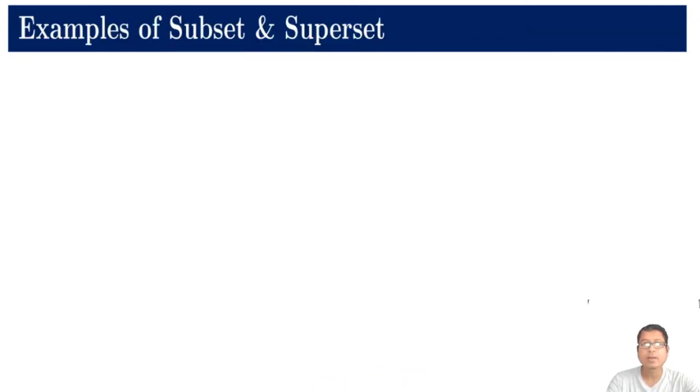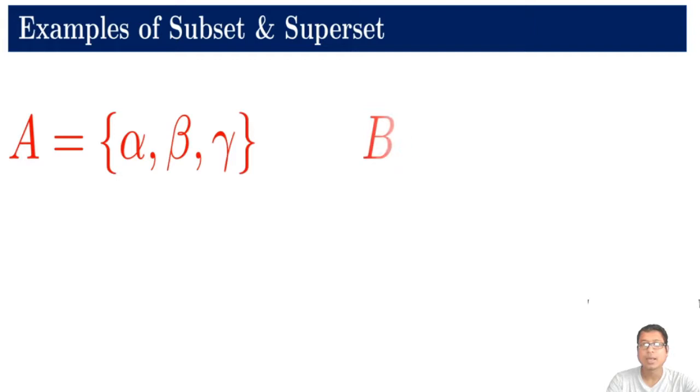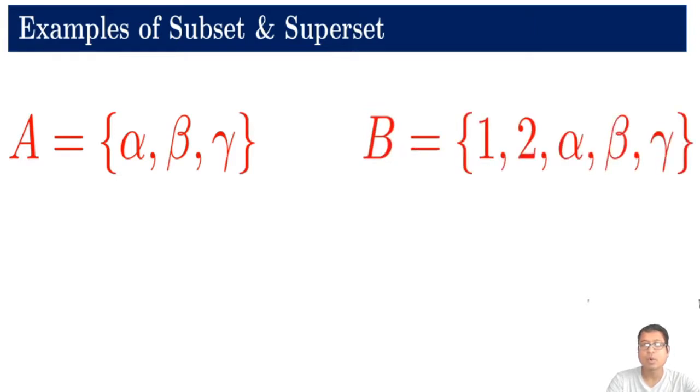Okay, let me consider one example. Suppose A consists of alpha, beta, gamma, and B consists of 1, 2, alpha, beta, gamma. Now if you observe the sets A and B, the elements of the set A are also the elements of B, as you can see here.